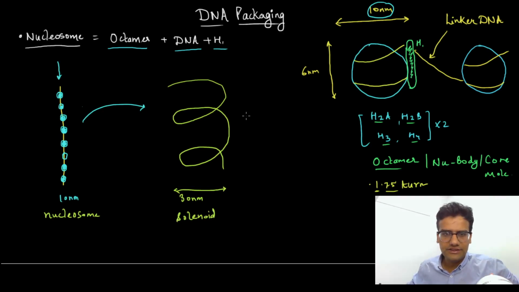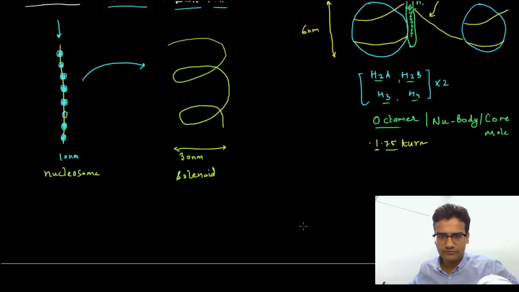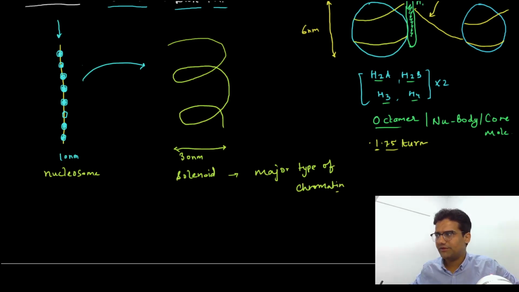This solenoid is probably the major type of chromatin fiber.